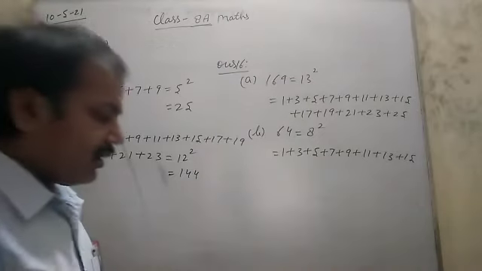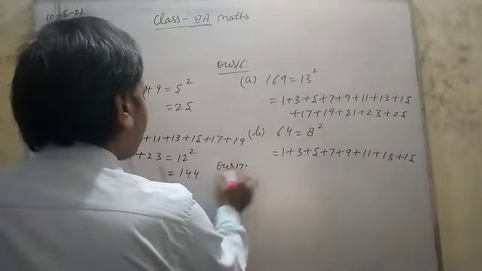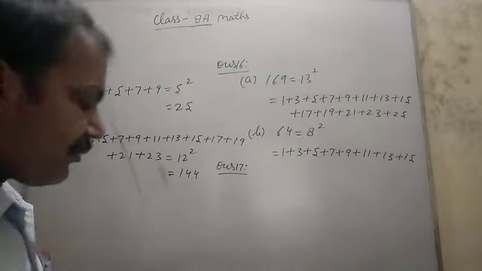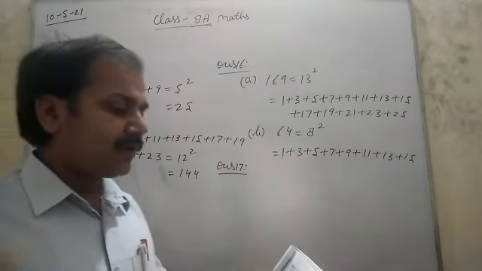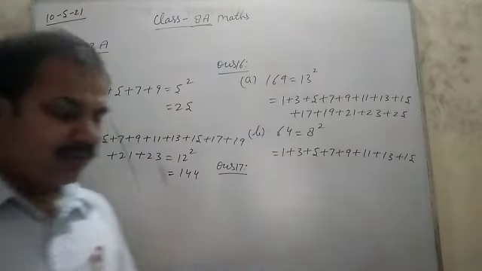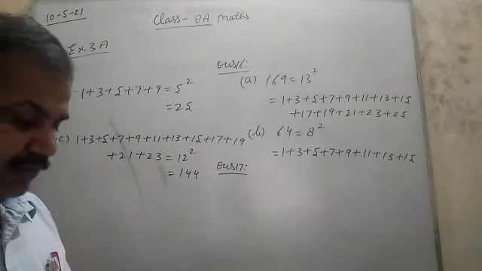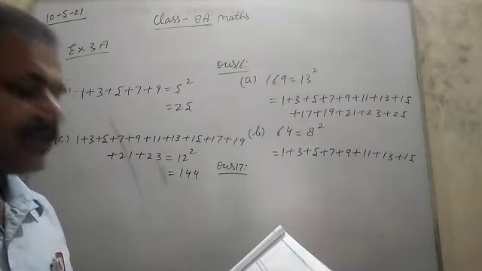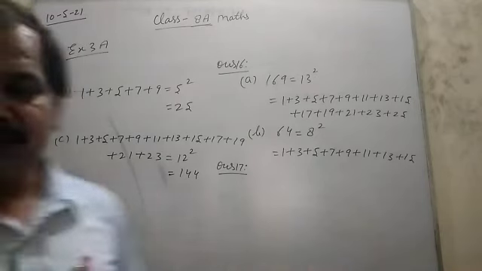Okay. Then question number 17. Which of the following sets of 3 numbers form a Pythagorean triplet? For a Pythagorean triplet, we know that the sum of the squares of the first 2 numbers is equal to the square of the third number.